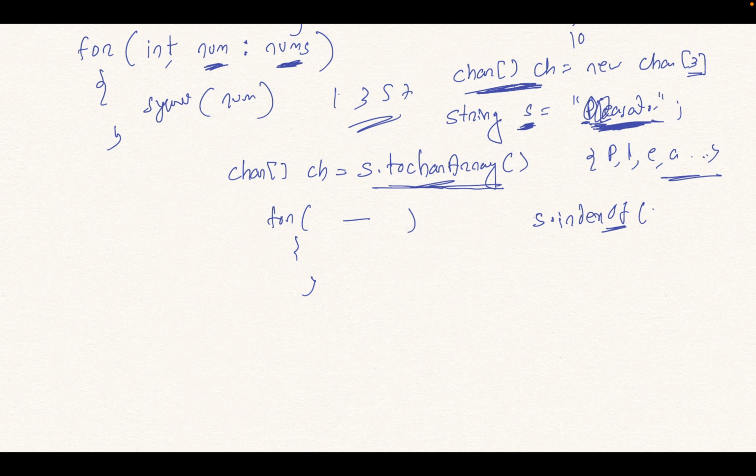Suppose I write index 0, it will give me p. If I write index 1, it will give me l, like that. So two things: toCharArray converts from string to array, and s dot indexOf gives you a single character.